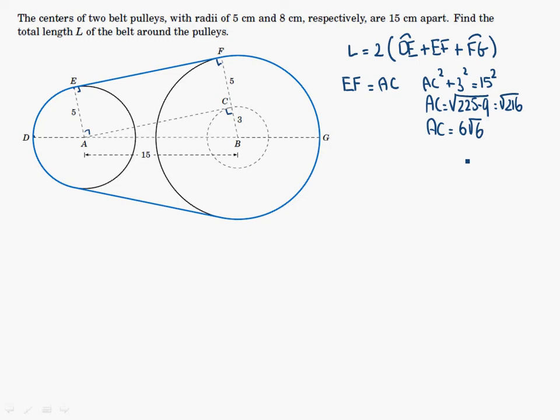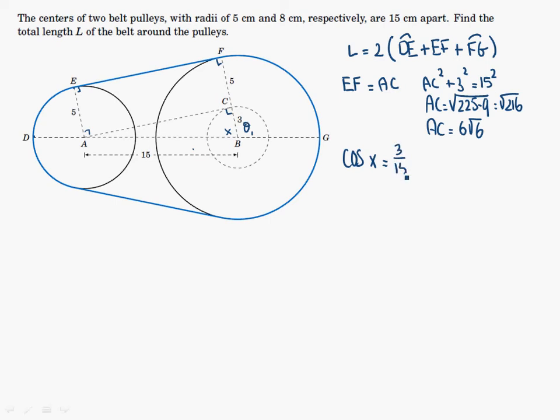Alright. If I can find this angle here, then can I find theta 1 here to get my arc length? Yeah. Right, because if this one was 50, then that one would be... Good. And do we know two sides? Yeah. So the cosine of that little angle, the cosine of x, would be 3 over 15, right?